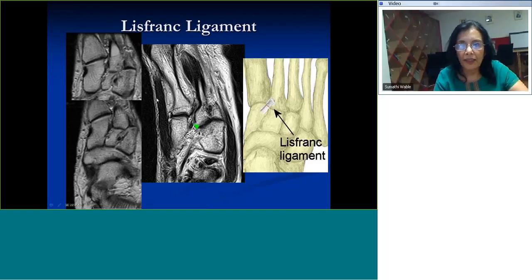Moving on, we can also see a Lisfranc ligament, which runs obliquely from the medial cuneiform to the base of the second metatarsal on most of the ankle images. So when you're looking at ankle images, just make sure to glance in the region of the Lisfranc ligament to see if it is intact or torn.